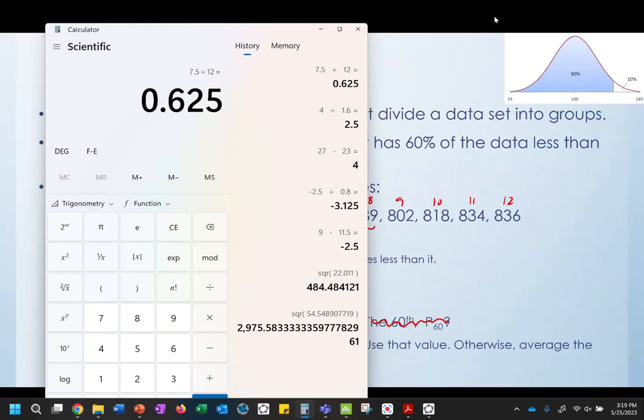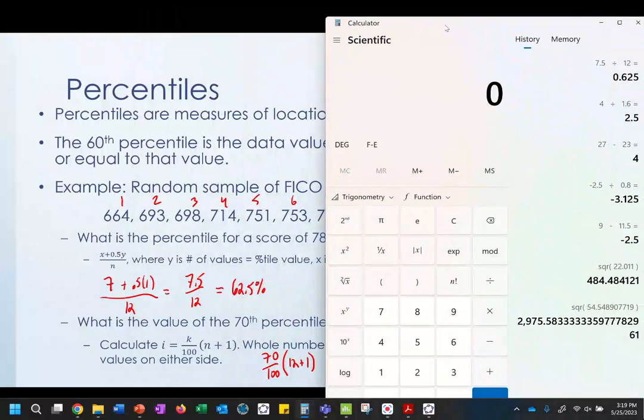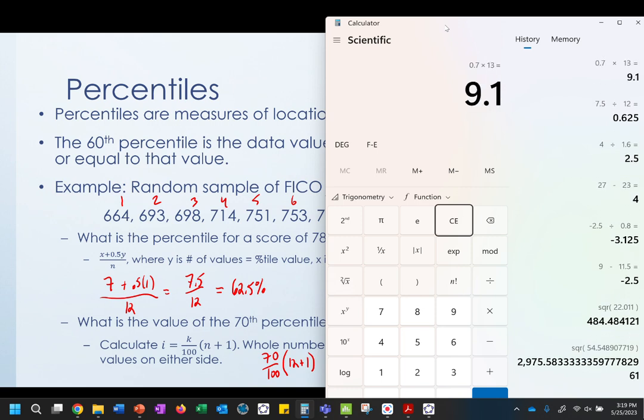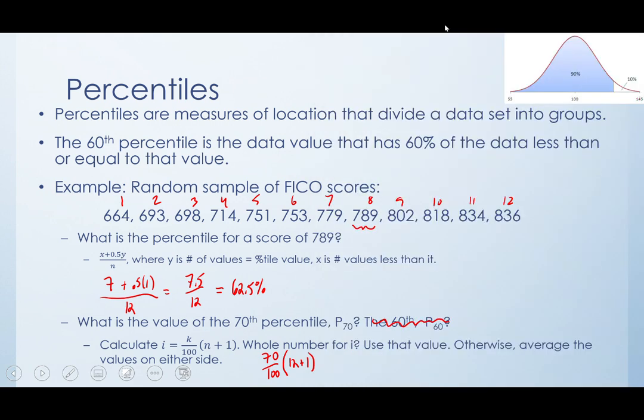So 0.7 times 13. All right, so that says 9.1. Okay. So basically, if this had come out to be a whole number, if it had come out to be 9, then our 70th percentile would be 802, right?